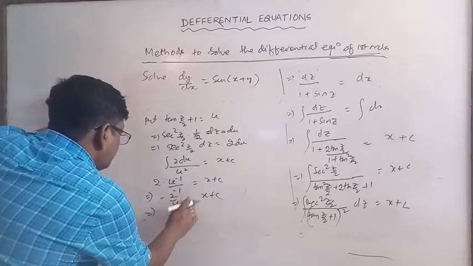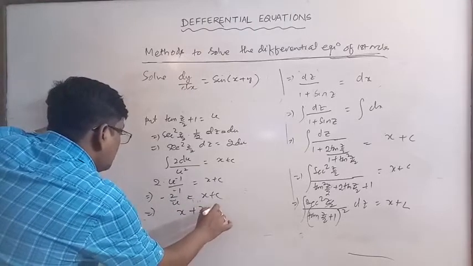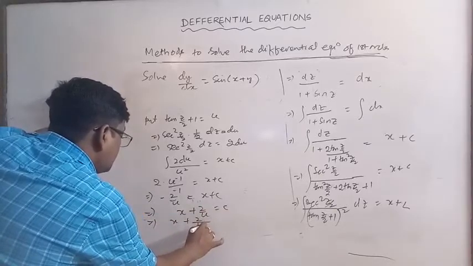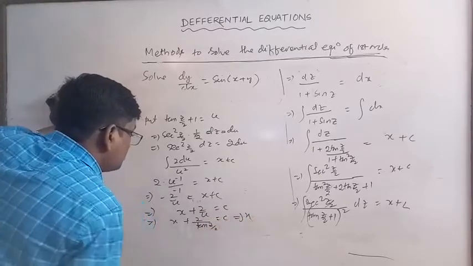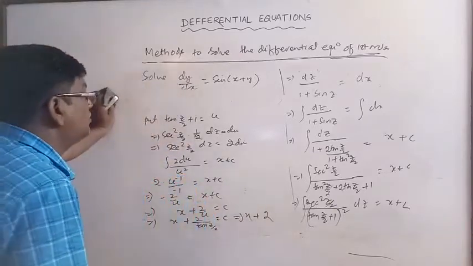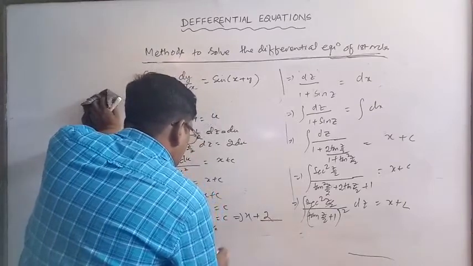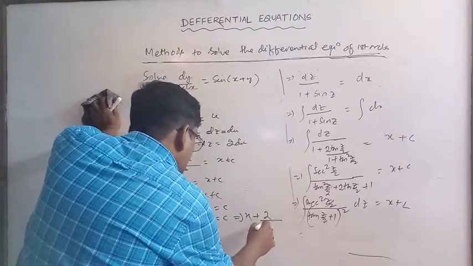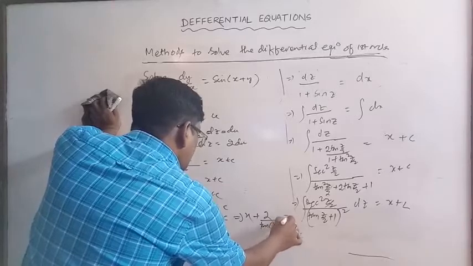That is x plus 2 by u is equal to c. That is x plus 2 by tan z by 2 is equal to c. That implies x plus 2 into tan z by 2, where z is x plus y, means cot of x plus y by 2, is equal to c.